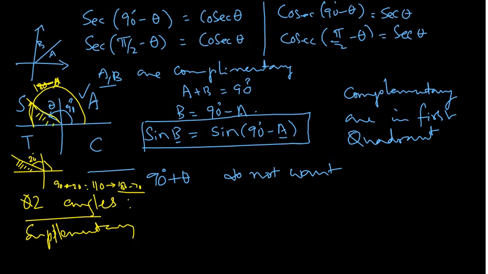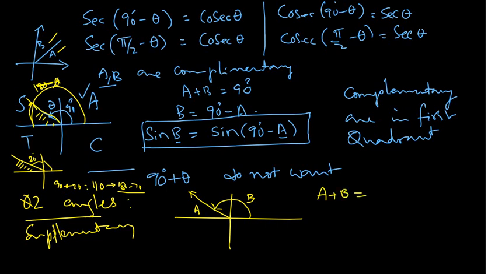Got it, right? Now we redraw this picture this way. This is the angle we want to get, and we say this is angle A, and this entire thing is angle B. In the previous case, A and B together were 90 degrees, quadrant 1. Now A plus B equals how much?